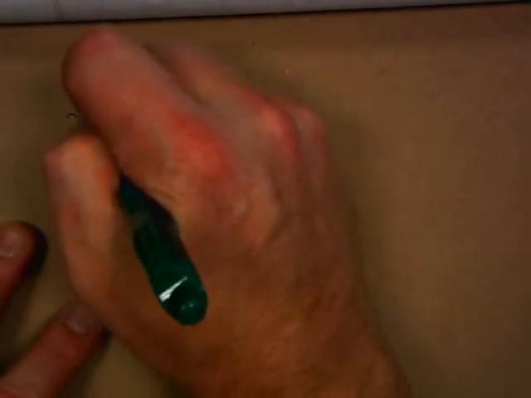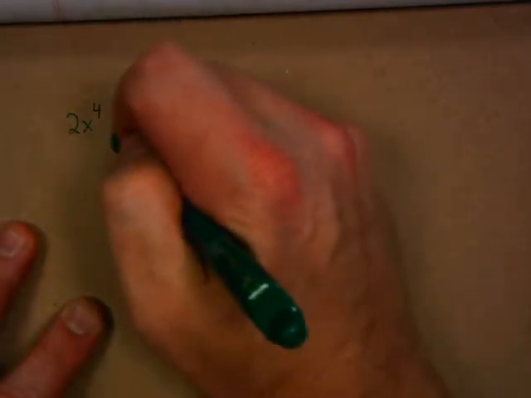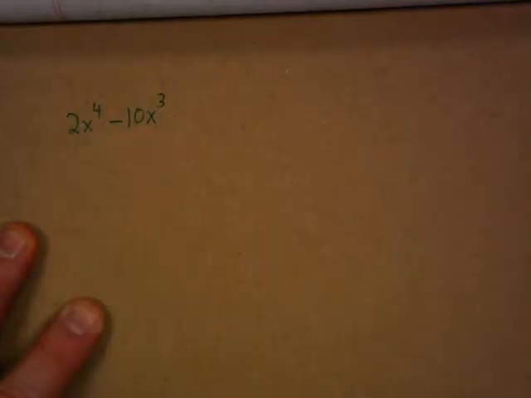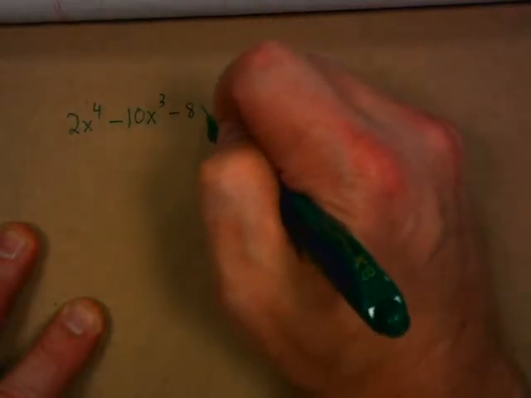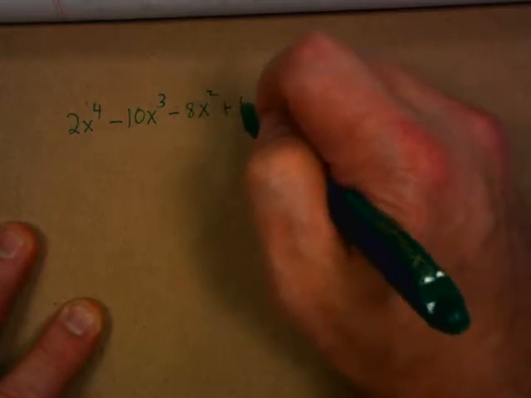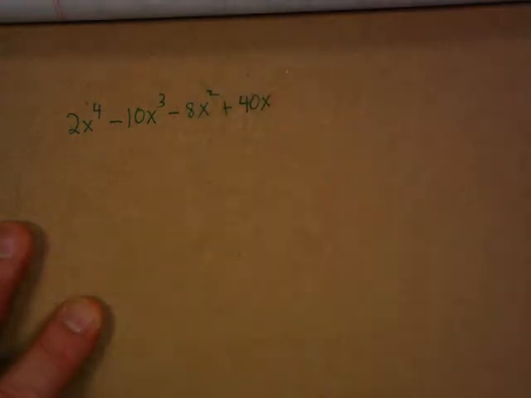Okay, how about 2x to the 4th minus 10x cubed minus 8x squared plus 40x. All right, notice there's a GCF.